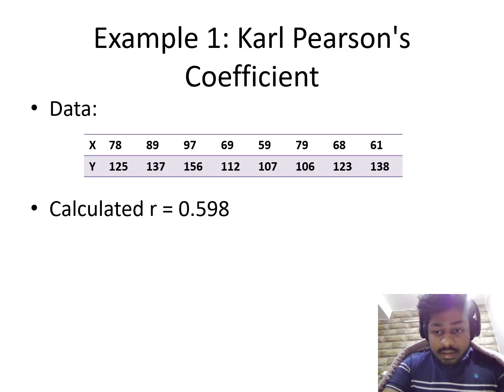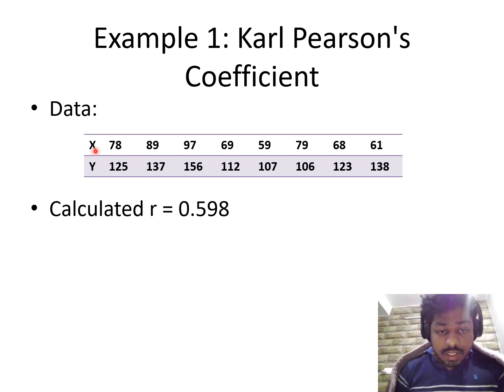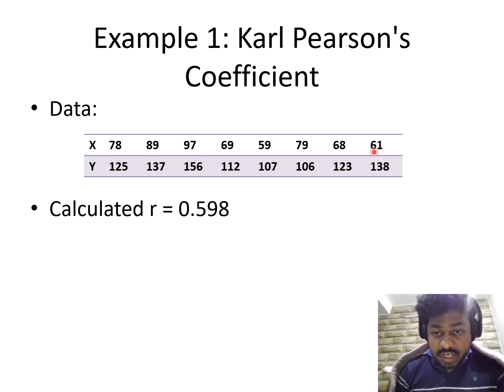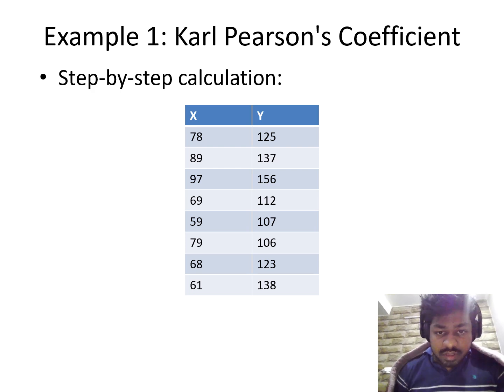So this is data which we have taken from an example from a book. Let's say you have been given two data sets, the values of x, that is 78, 89, 97, 69, 59, 79, 68 and 61. Same goes with y. So we'll be calculating step by step the Karl Pearson coefficient. Step 1 is we'll write x and y into two columns.